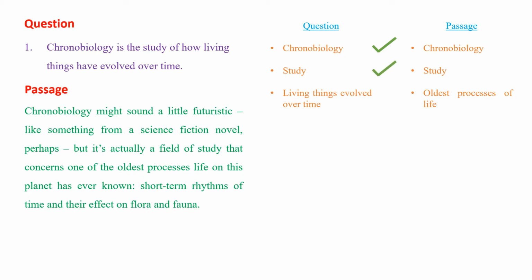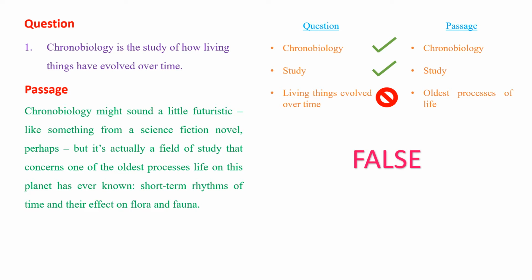But in the question, it is mentioned that chronobiology is the study of how living things evolved over time, whereas in the passage, the author has mentioned it as the study of the oldest process of life, which is a contradiction. Hence, the answer for the first question must be marked as false.